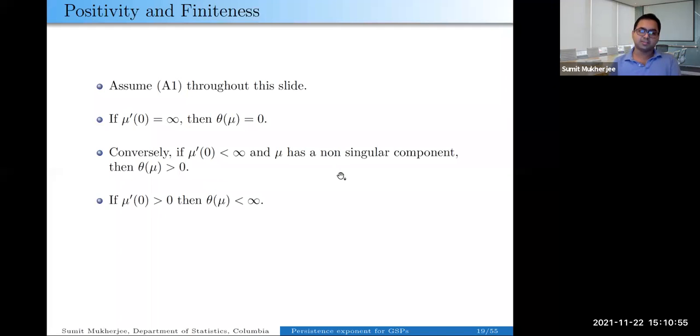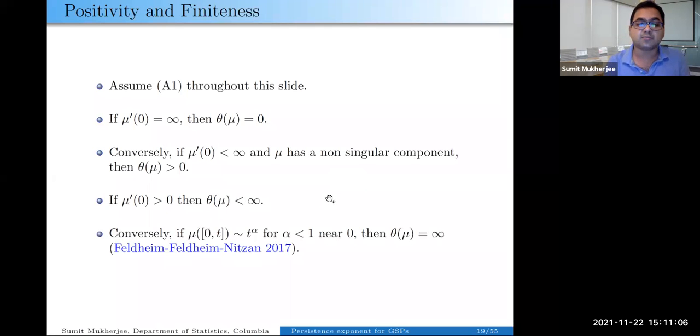In the other direction, now we can ask about finiteness. So if mu prime 0 is positive, then theta mu is finite. We don't know an if and only if characterization here, but the guess is that if mu prime 0 is 0, then the exponent is infinite.